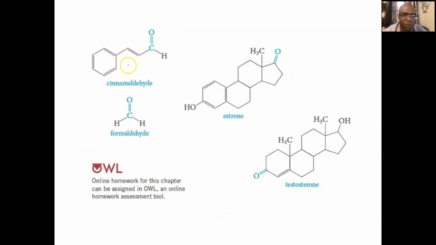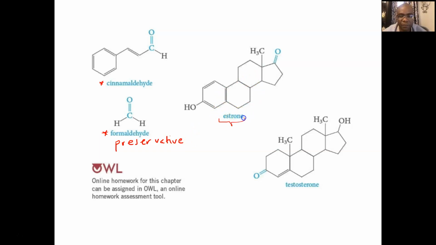Here are examples of aldehydes. Cinnamaldehyde, which can be extracted from cinnamon. You have formaldehyde, which is used as a preservative of organic material like mollusks, octopi, crabs in the zoology lab.